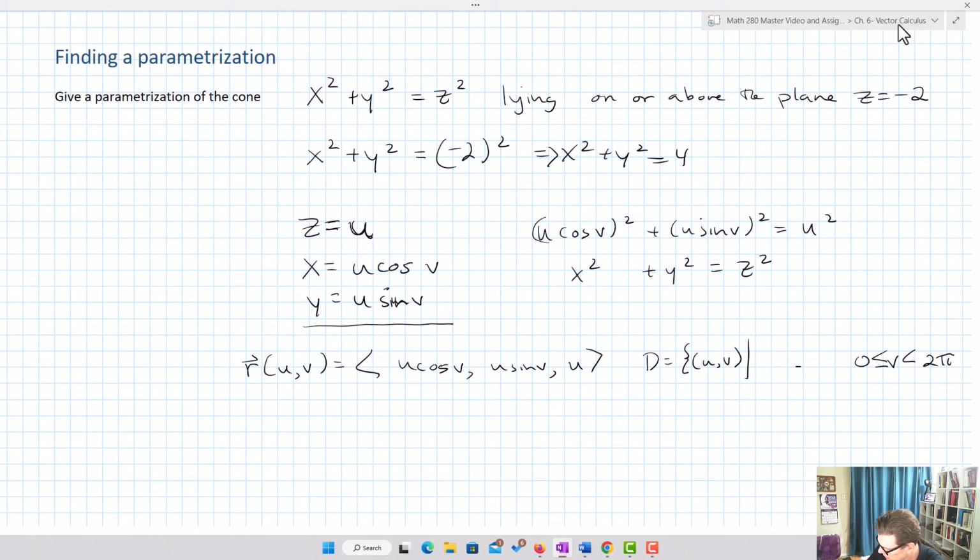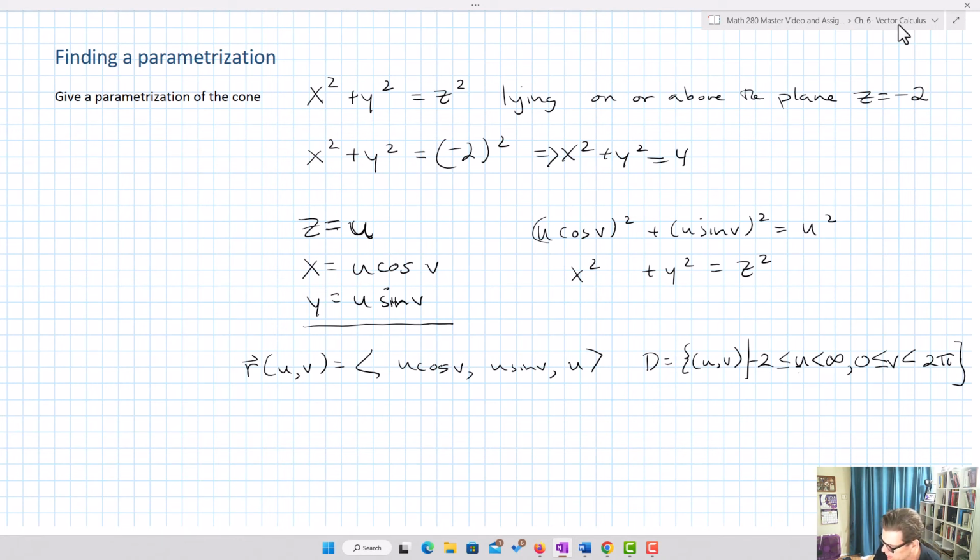Actually, let's make that strictly less than. And then my u's are going to be greater than or equal to -2, and then strictly less than infinity, because we want to know everything that's above z equals -2.